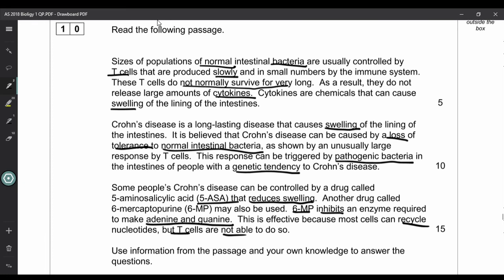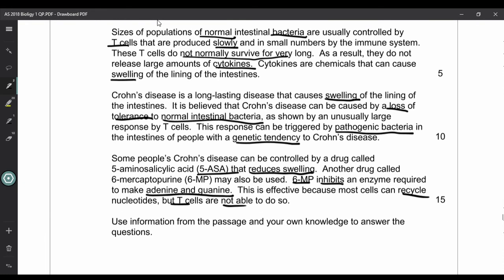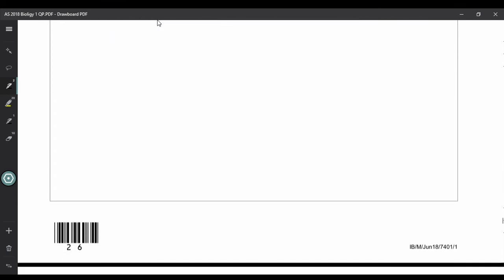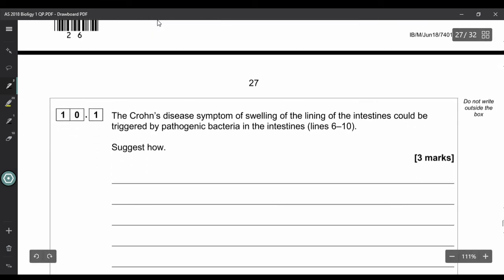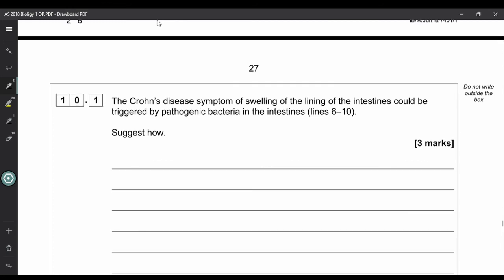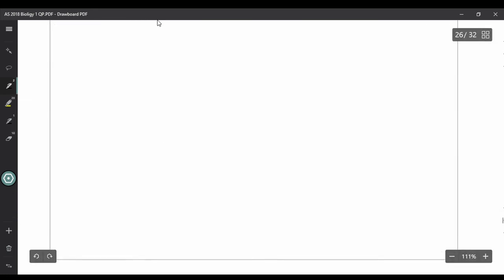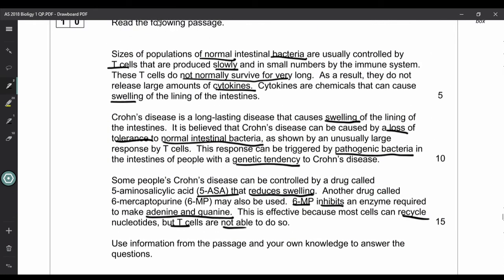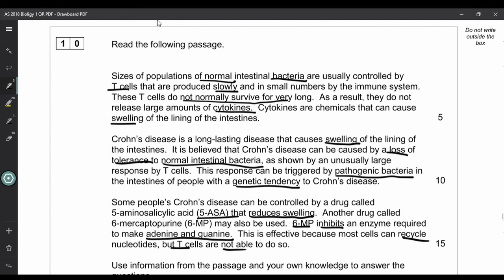Use the information from the passage and your knowledge to answer the question. So again, we're going to have to refer to some information that we've just been given. It says the Crohn's disease symptom of swelling in the lining of the intestines can be triggered by pathogenic bacteria in the intestines. Suggest how. So again, if we go to the relevant passage, it says that Crohn's disease is a long-lasting disease that causes swelling.